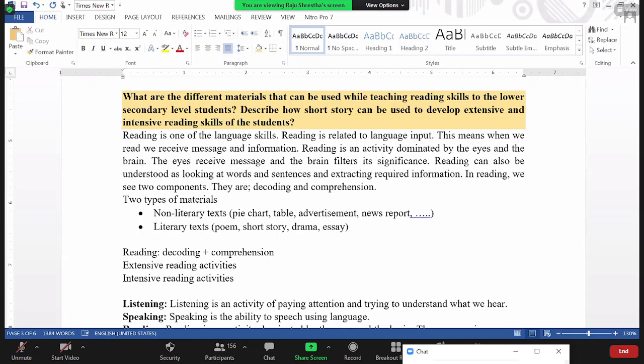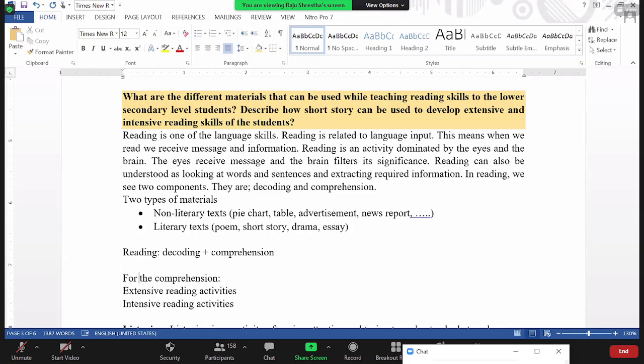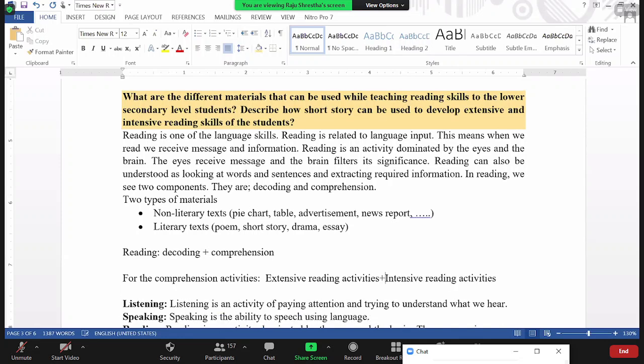For comprehension, these are the activities, extensive and intensive. If comprehension activities are asked, then we can talk about extensive plus intensive activities.